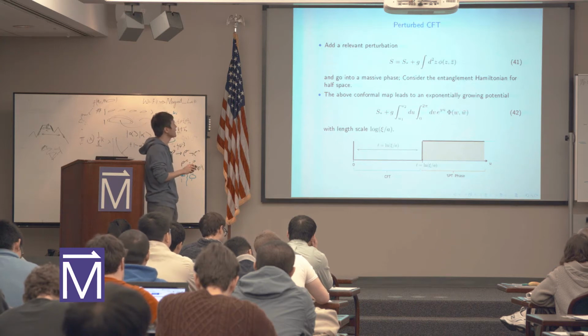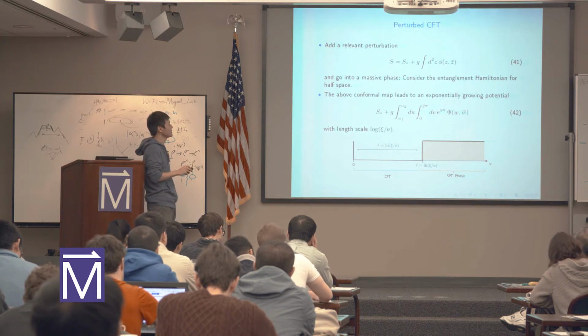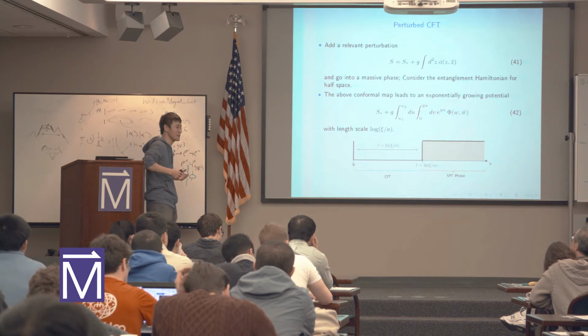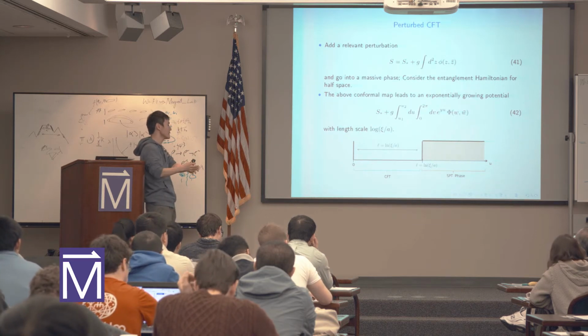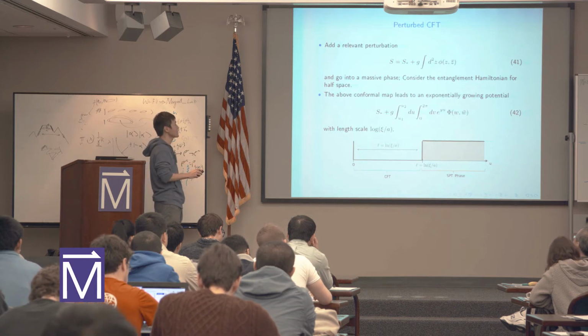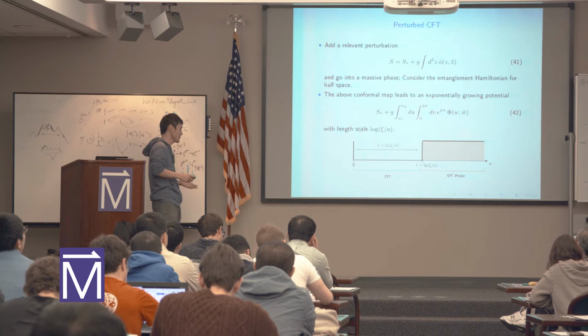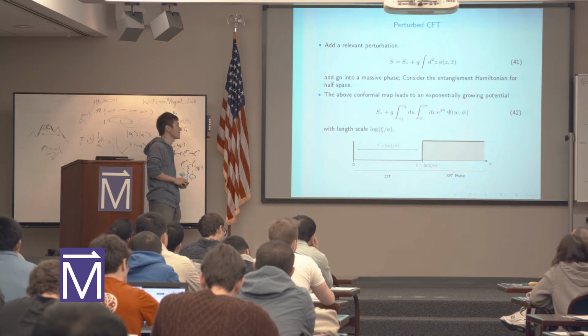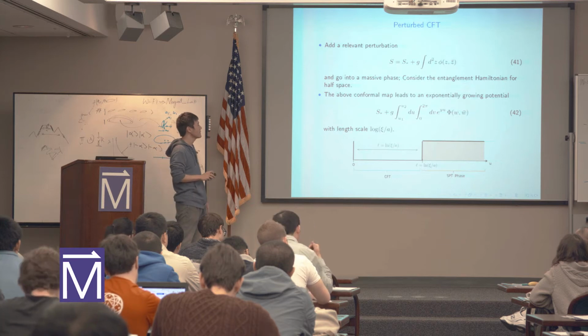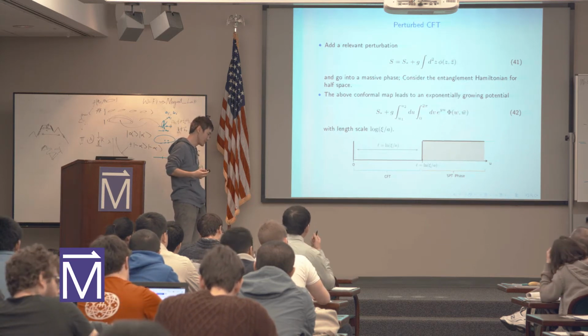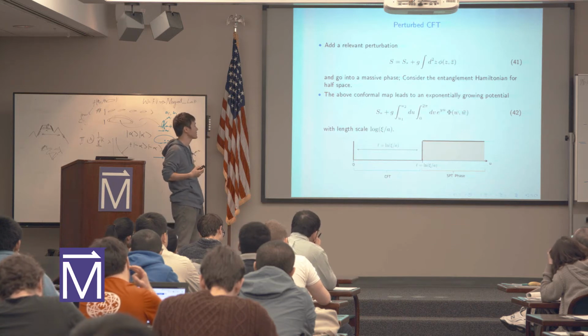I add some perturbation to the critical point, and in particular, if this perturbation is relevant, we throw the system away from the critical point, and in some cases, we completely gap the system. Okay, so let's add such a perturbation. So we move away from the critical point, and let's see what happens.